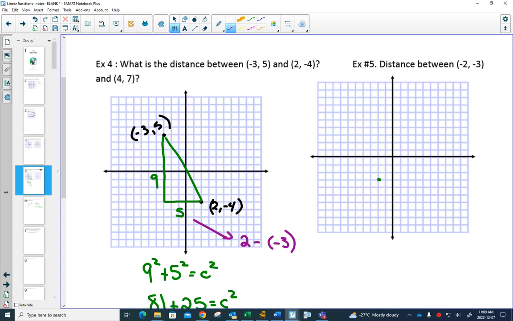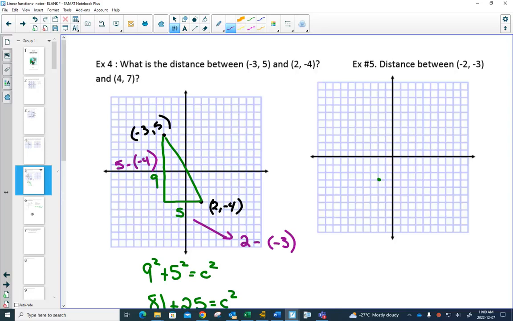Because if you want to find the distance between 2 numbers, you need to subtract. And I could have found this 9 by taking 5 and subtracting -4. Would you agree on that?